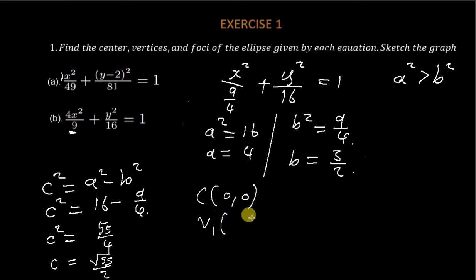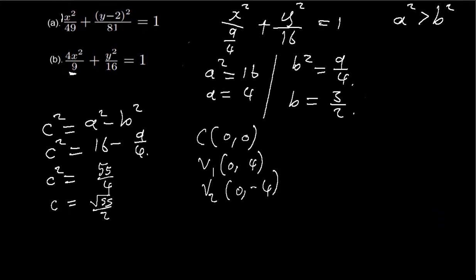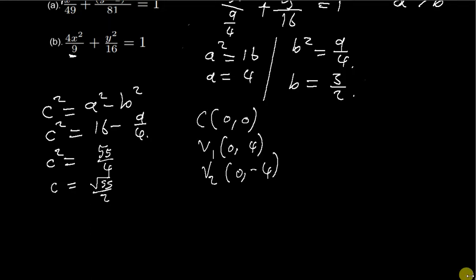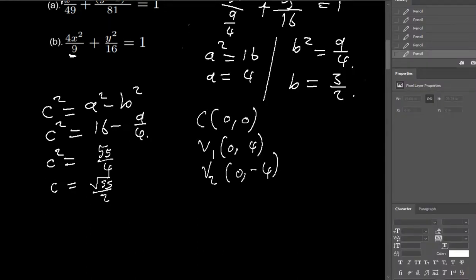So the y-coordinate is 0, so we add 4 to 0 and subtract 4 from 0. So the first vertex there, which is v1, will just be 0, 4, and then v2 becomes 0, negative 4. When you say 0 minus 4, the answer is negative 4. Let me just remove this.